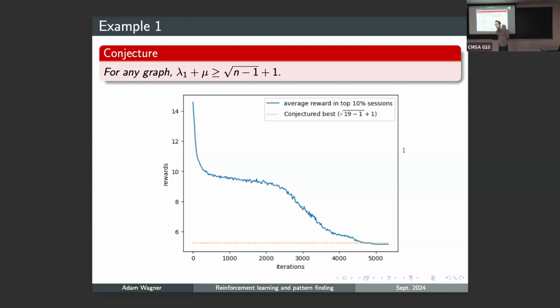Every iteration is a sample of a lot of graphs. Each point on the x-axis means we sample many graphs, take the top 10%, and update some probabilities. Those little fluctuations come from a particular batch where you got unlucky and got graphs that were worse than the previous ones.